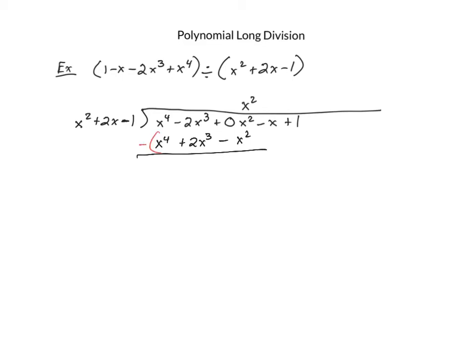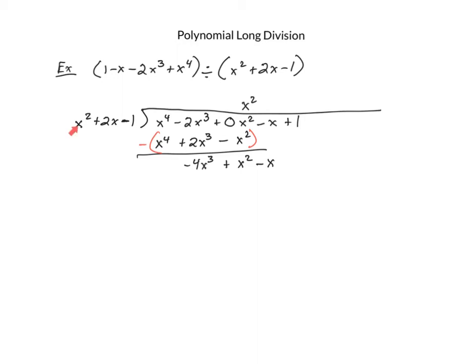Be careful with your signs. X to the fourth minus x to the fourth is just 0. Negative 2x cubed minus 2x cubed is negative 4x cubed. 0x squared minus negative x squared is plus 1x squared. And we're going to bring down our next term and repeat the process.